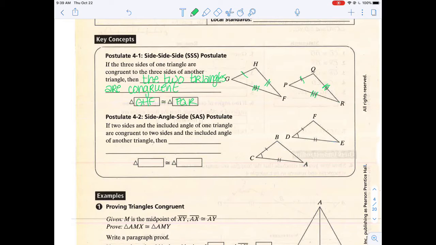Postulate 4.2, the side-angle-side postulate, says if two sides and the included angle of one triangle are congruent to two sides and the included angle of another triangle, then the two triangles are congruent.